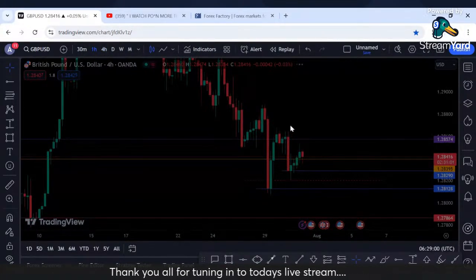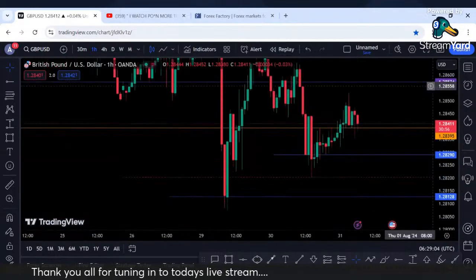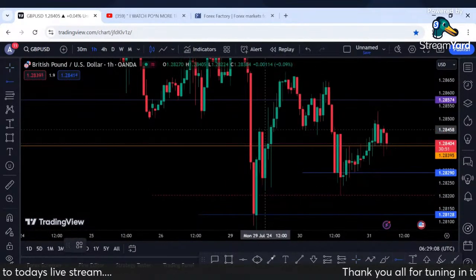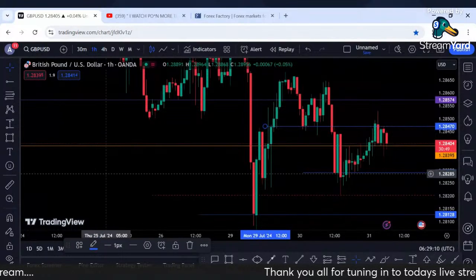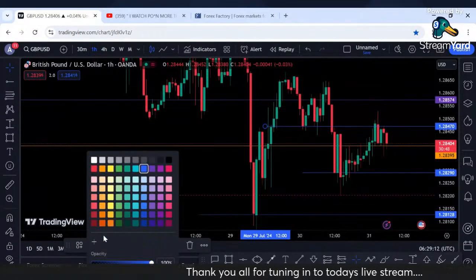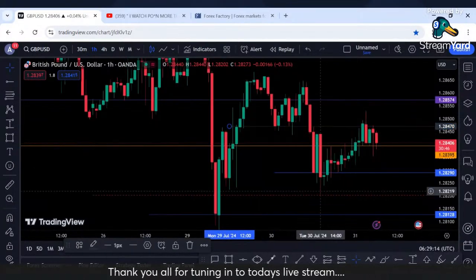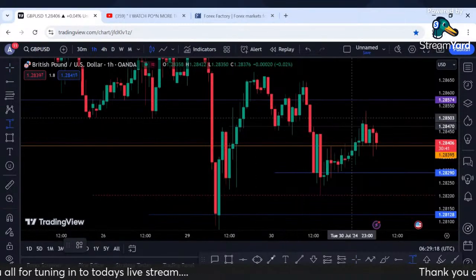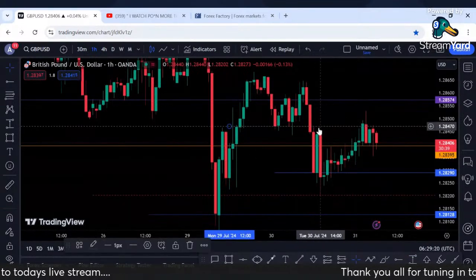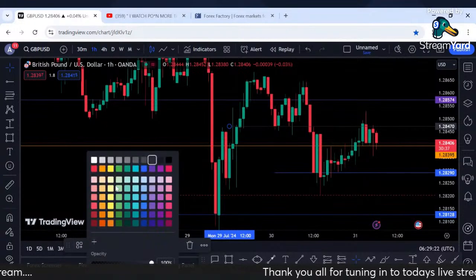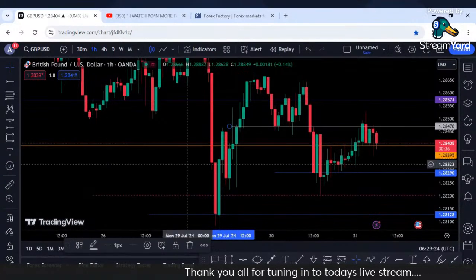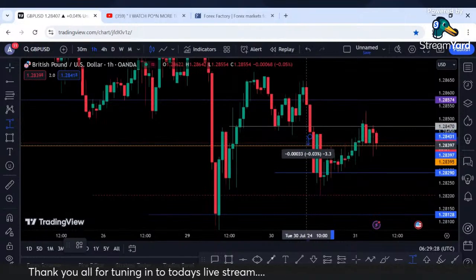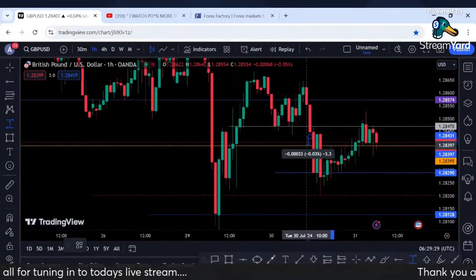Yesterday during the New York session, I saw a sell over here. This was the zone. Even though the zone was tight, it was around this side. I was watching the market during that time. The zone was tight.